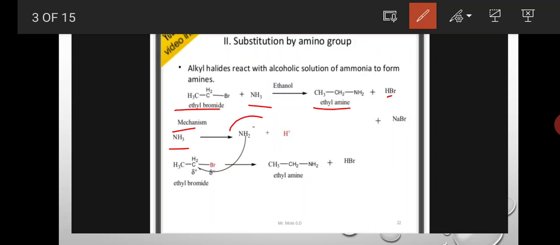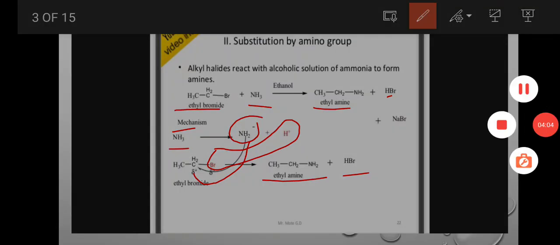Here NH2 minus is the nucleophile. This nucleophile first attacks the alkyl halide, ethyl bromide. The ethyl bromide carbon is attacked by the NH2 nucleophile, and bromine is eliminated and forms ethylamine, CH3CH2NH2. The outside bromine reacts with H plus ion and forms HBr, hydrogen bromide.